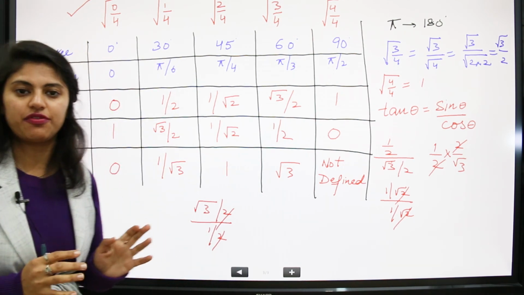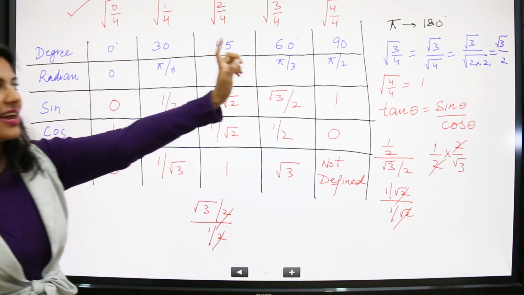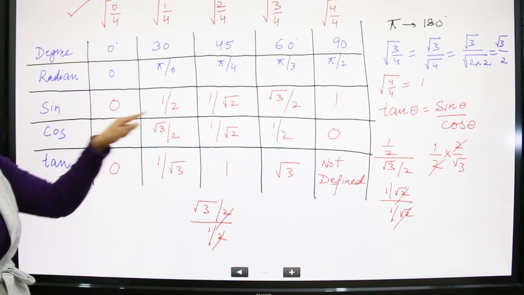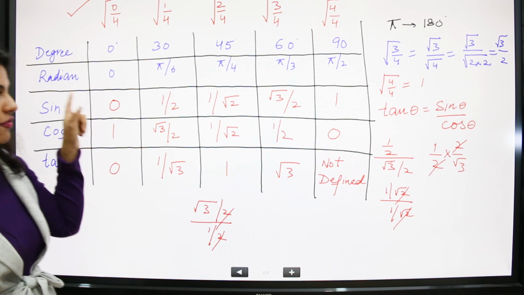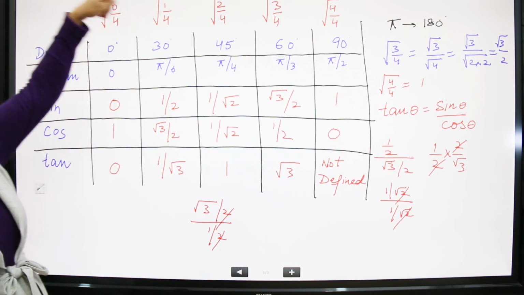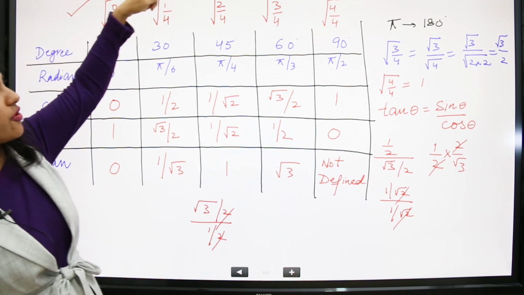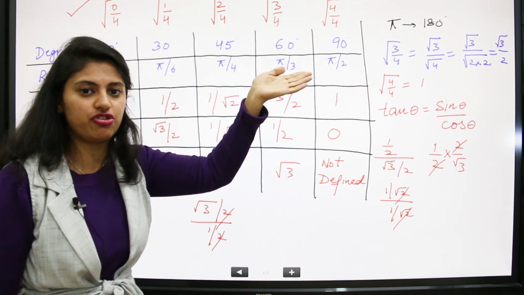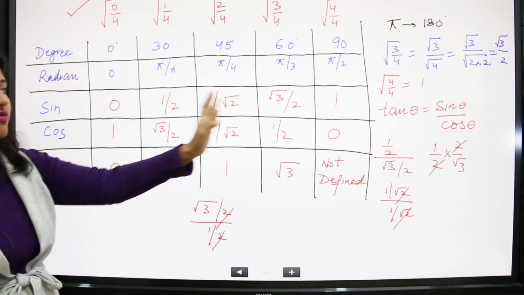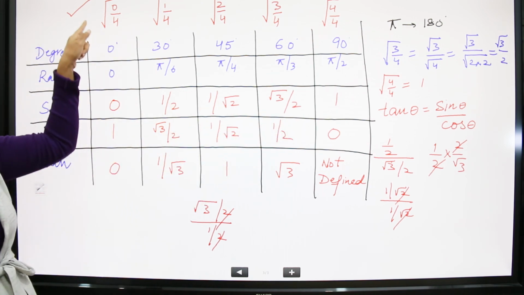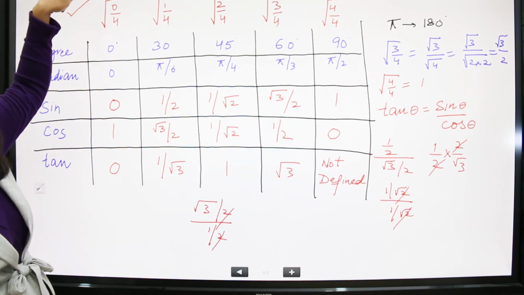Basically no need to learn if you have understood how we can write these values. Just the first line, if you can remember or learn these things, because that's too easy. It's like 0 by 4, 1 by 4, 2 by 4, 3 by 4, 4 by 4 you need to do in this one. After that you can easily fill the values in here by just opening the square root.